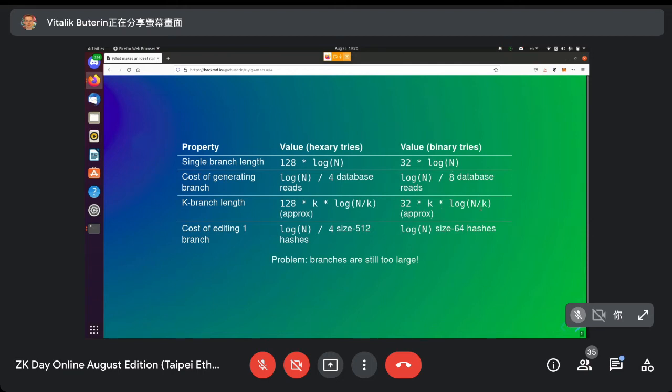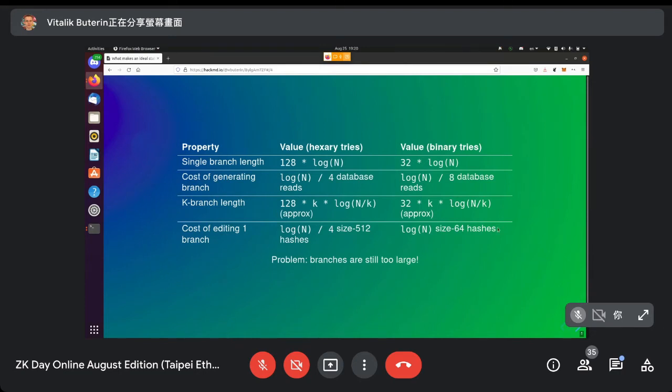K branch length. So going up from a single branch to K length, once again going down from 128 to 32, a factor of 4 difference. And then instead of these big size 512 hashes, you're hashing 4 times more nodes, but the hashes become 8 times smaller, right? So binary trees are an improvement, but the problem is that binary trees are not enough of an improvement, right?